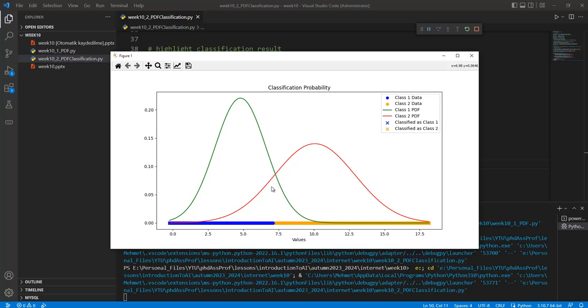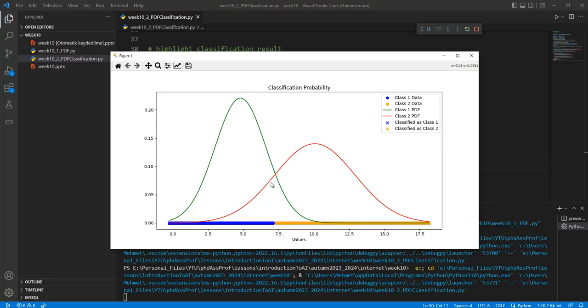We don't know that, but in this representation, classified as class 1 is in this one, and at the right hand side of class 2 we have no problem because we have 0 probability in this case.